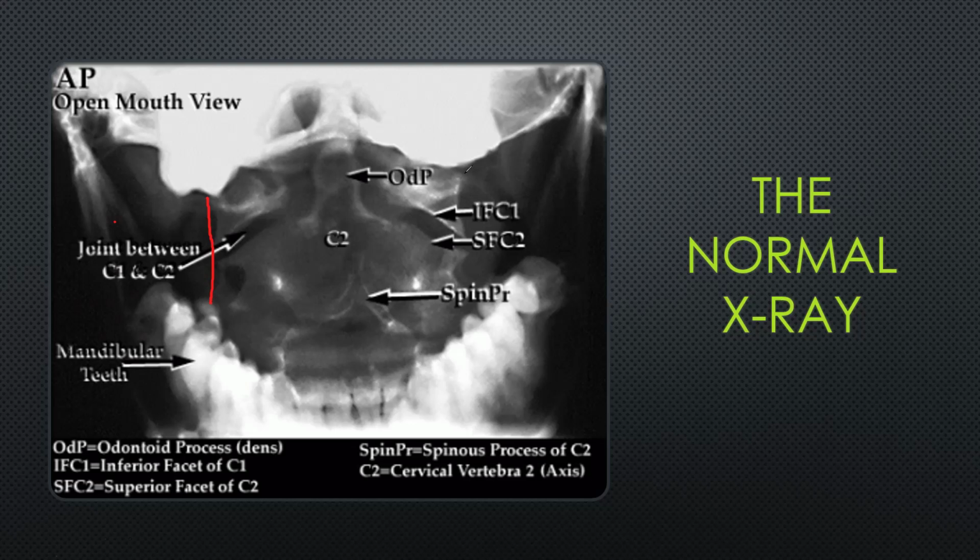We've got this nice relationship between C1 and C2, and you can see they're quite nicely aligned. The other thing that we're looking for is the top of the body of C2, and specifically the odontoid peg that you can see running over there.